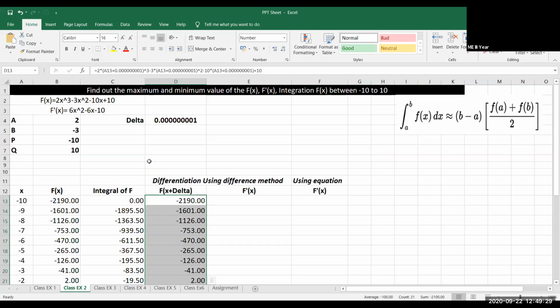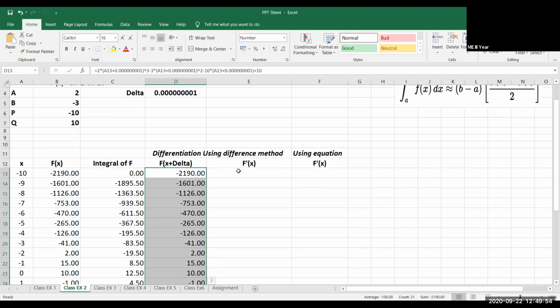So it will not affect it. Suppose here the x value is minus 10. If you are adding delta to this value, this will not significantly affect 10. Very small means minus 9.9999, up to 9.8 will go. So near about 10. That's why there is no significant change in the result.